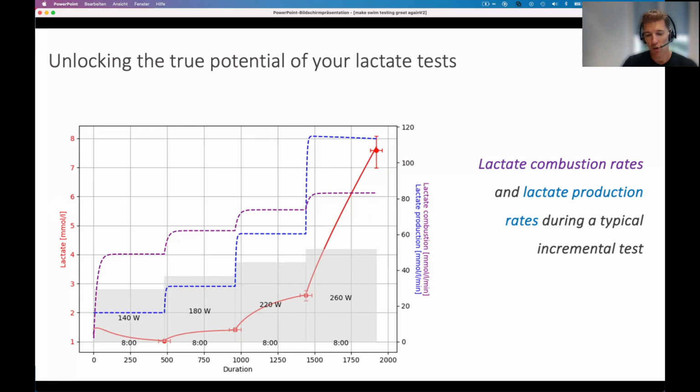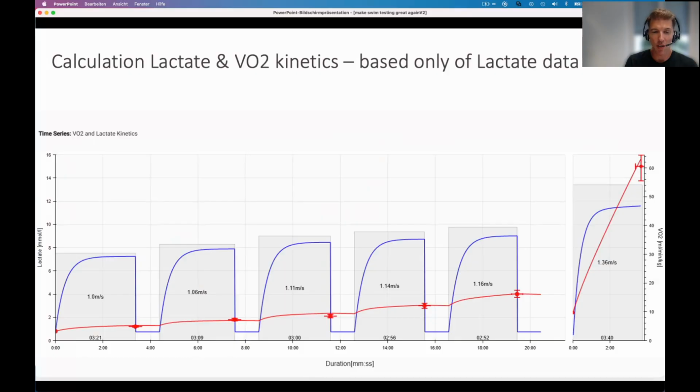And because those two behave differently, if you have lactate concentration over different loads, it is actually possible mathematically to decipher, to calculate, what is the actual lactate production and the actual lactate combustion that created a certain lactate concentration that we have measured. And this is really a key part in the diagnostics.